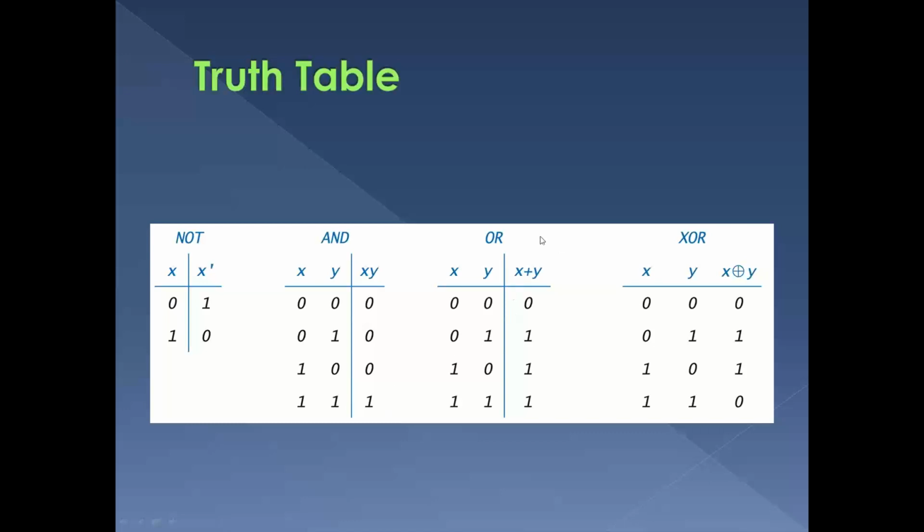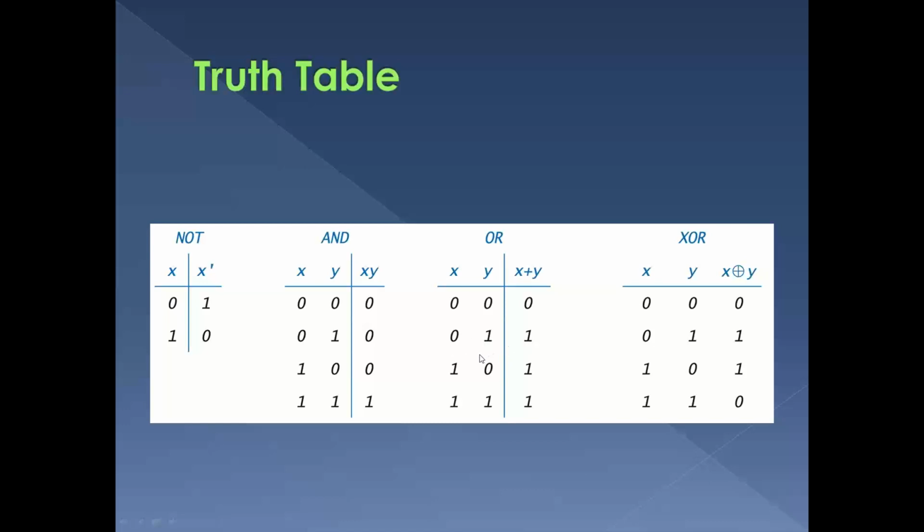In the or truth table, if x and y are 0, then we get 0. If x is 0 and y is 1, we get 1. If 1 and 0, we get 1. So to read this, 0 or 0 is 0. 0 or 1 is equal to 1.